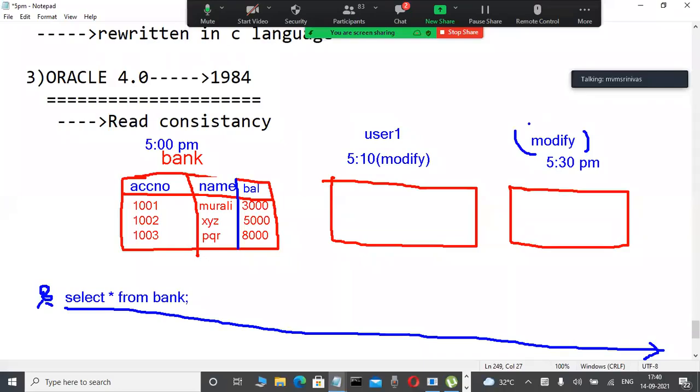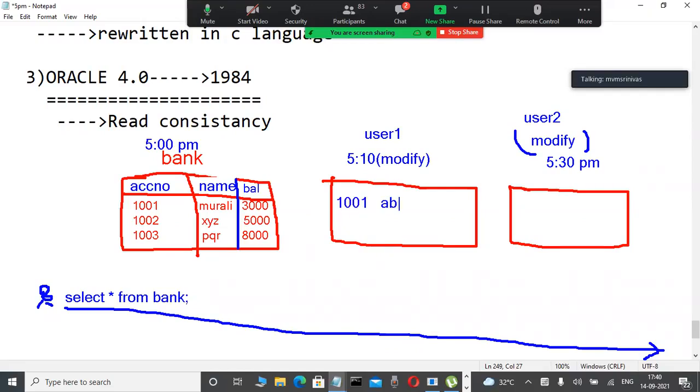Again, here also some user is modifying this table data. Maybe a number of users are connected to the database. Check it out, for example at 5:10 they are modifying the data in this table, 1001.